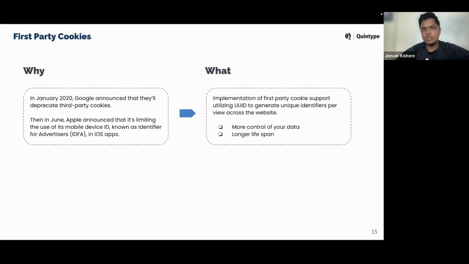This gives you more control over your data than a third-party cookie could have given, because you control the length, how the identifier is formed, when it expires, and how it's used, right? And it's much more secure in some terms than a third-party cookie. So considering all the use cases first-party cookies can be used for, it's a pretty well-developed feature. I do recommend people to use that.